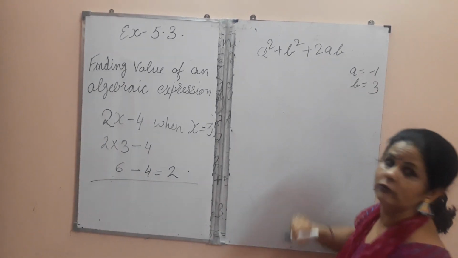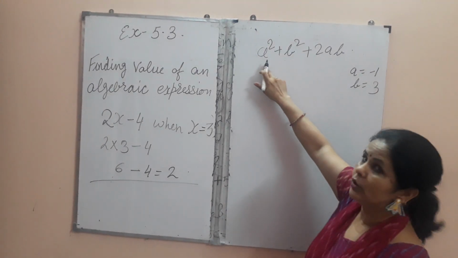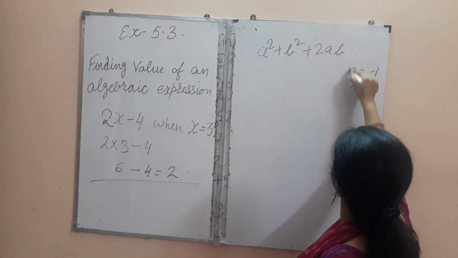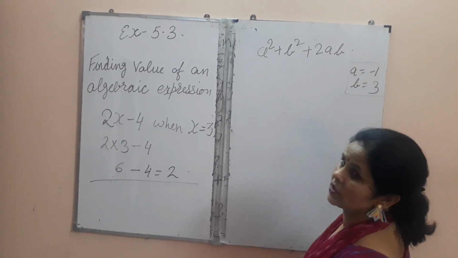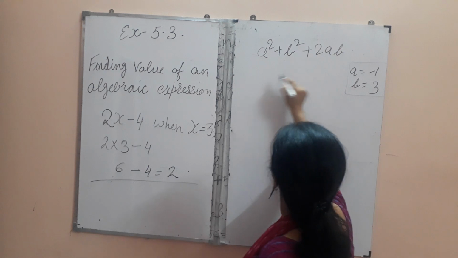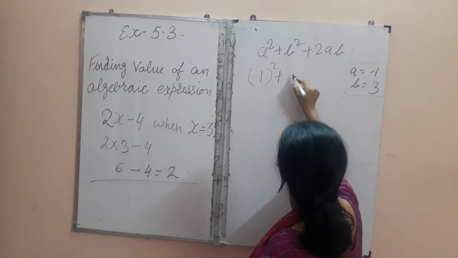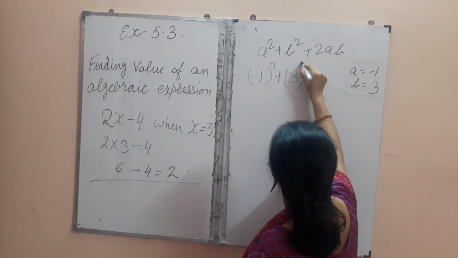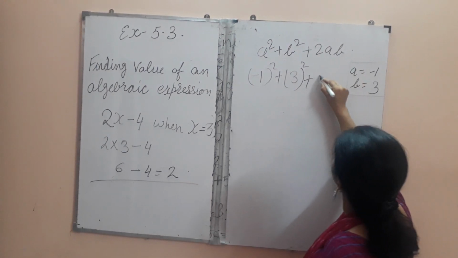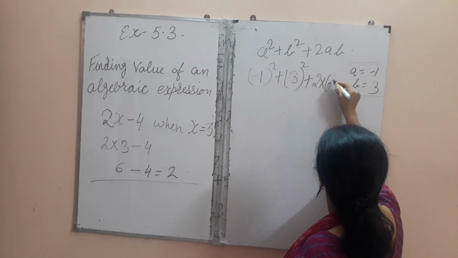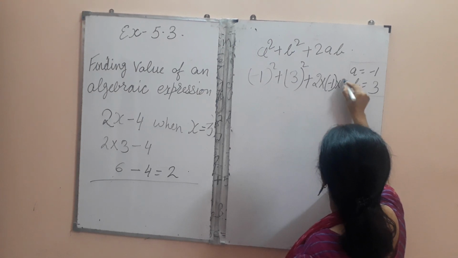So how will we solve this? We will put the values in the expression. So a square means minus 1 square, plus b square means 3 square, plus 2ab, 2 into minus 1 into 3.